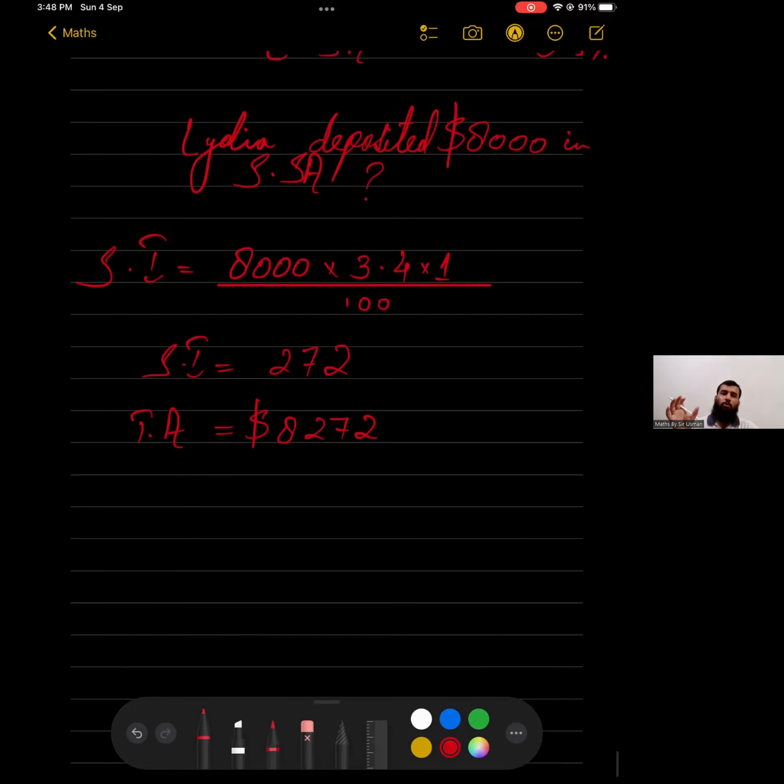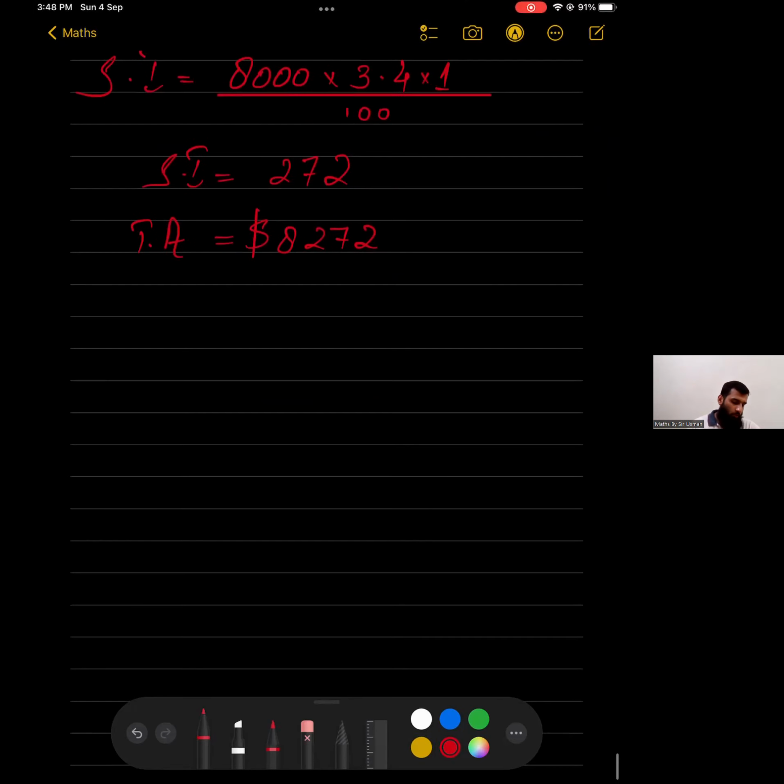अब ये टोटल अमाउंट लीडिया ने उठाई और एक्स्ट्रा सेवर में पुट कर दी है फॉर द नेक्स्ट 1 year. Now we need to figure out the interest that had been added after 1 year. अब यहाँ पर क्या कह रहे हैं, you just need to figure out the interest that had been added. तो आप सिर्फ इंटरेस्ट निकाल के छोड़ देंगे. पार्ट B1 में ये जो अभी हमने परफॉर्म किया है, यहाँ पर इन्होंने हमसे टोटल अमाउंट पूछी थी.